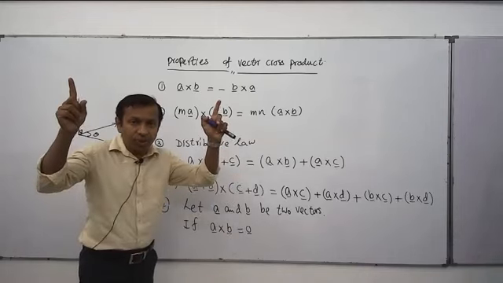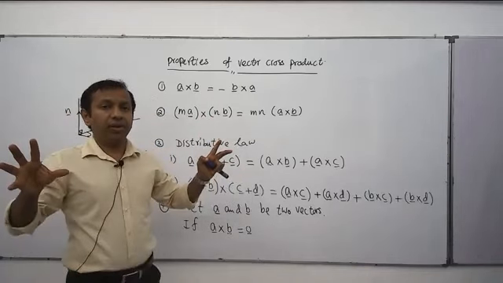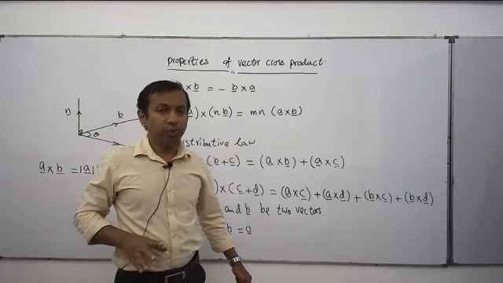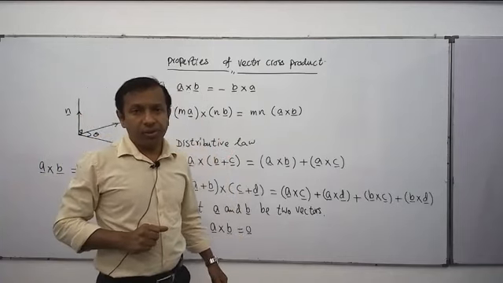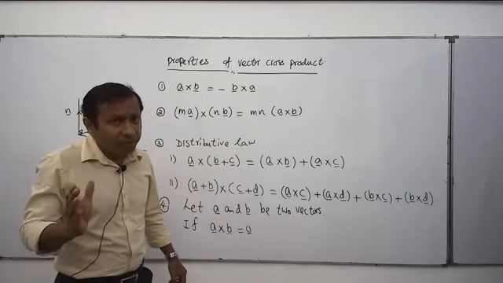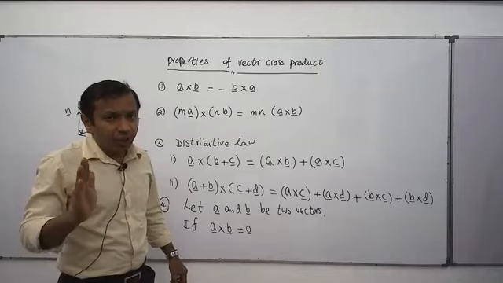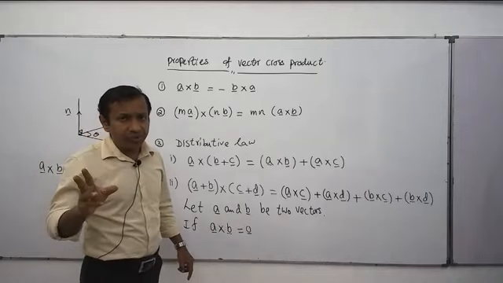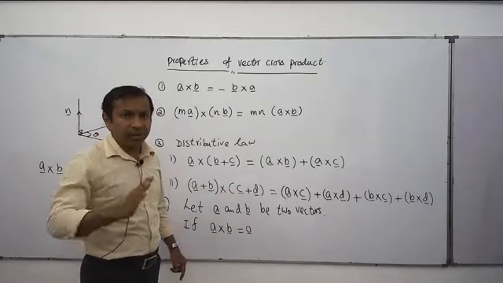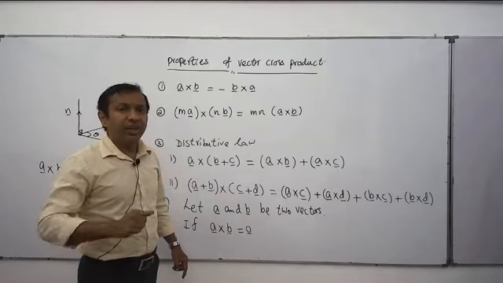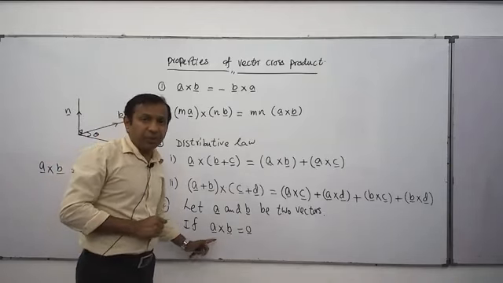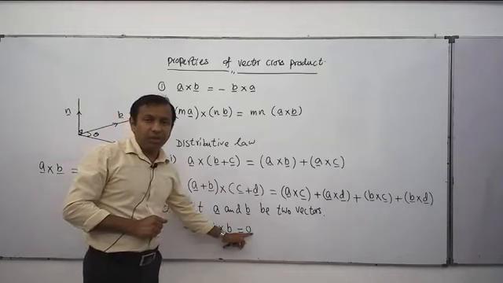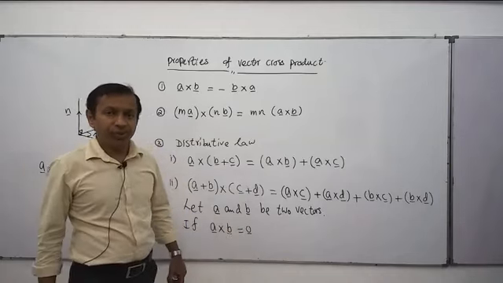Because the two vectors A and B are parallel, A cross B will be the null vector. So in order to show that two vectors are parallel to each other, we can use A cross B equals the null vector or 0 vector.